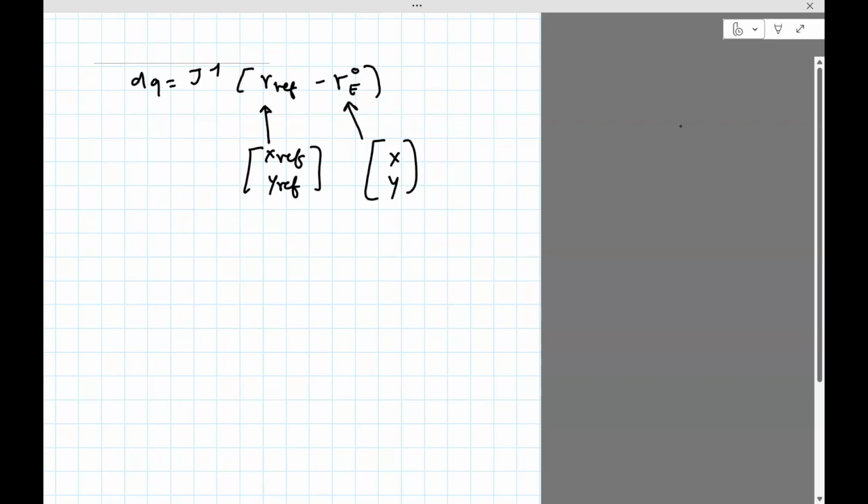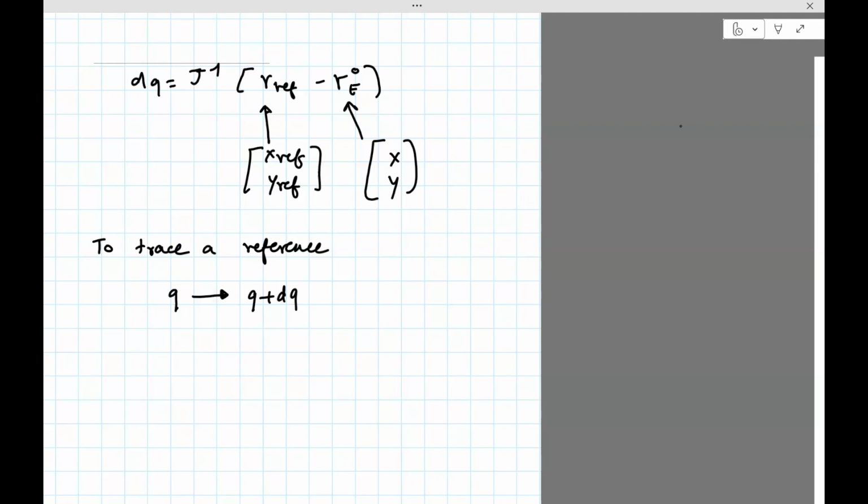So to trace a reference, all you do is you update q as q plus dq. You start with one q, you take the J inverse, you take the difference between RF and RE, pass that to dq, change q, and you keep doing that. So this is how you would update q such that RF is always on RE.